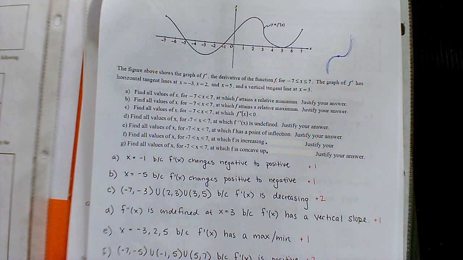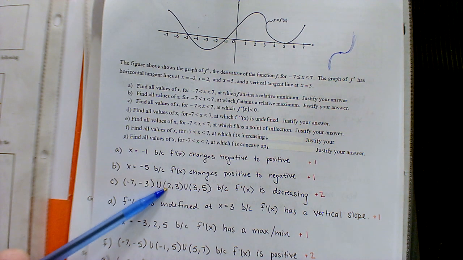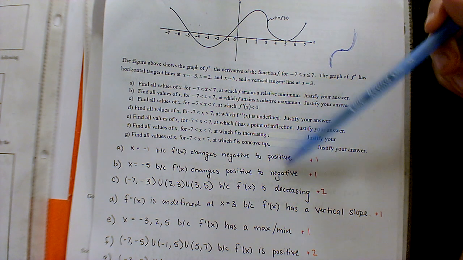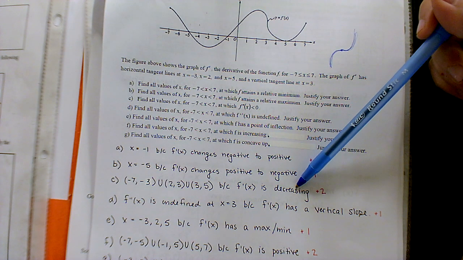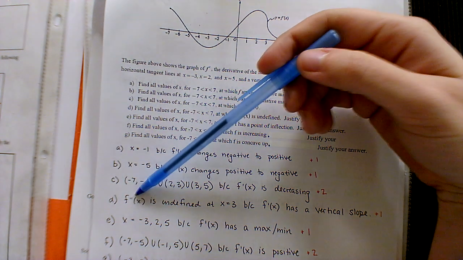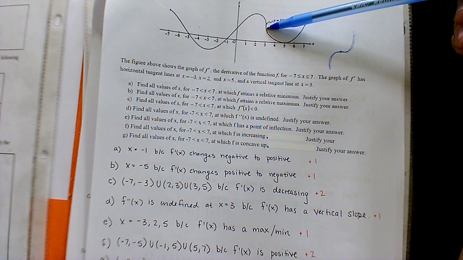I was surprised, but kind of not, that we had trouble with C. I think a lot of us put an interval from 2 to 5. Is that right? Okay. And you had the right reasoning because f prime is decreasing, but then you immediately stated in part D that the second derivative is undefined at 3 because you have a vertical slope.